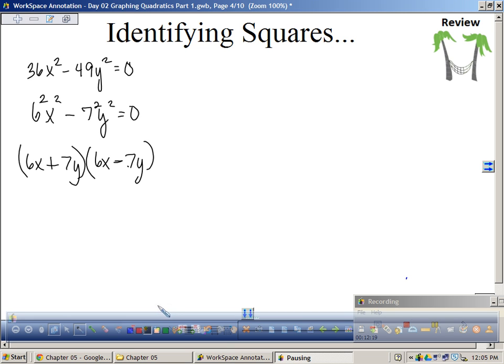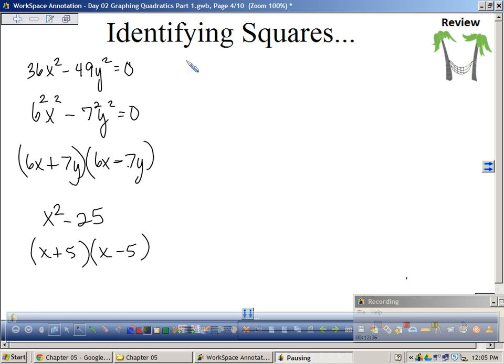Difference of two squares. You guys used to see it like this, which would be x plus 5, x minus 5. This is the same exact thing, there's just more squares in there.